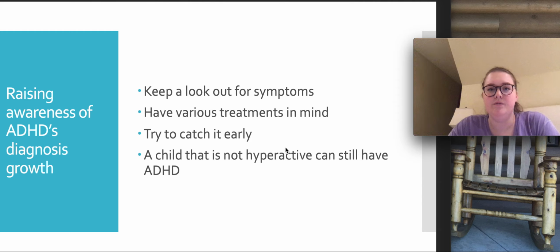So back to my problem from the beginning, the growth in ADHD diagnosis. We need to be raising awareness of this. Keep a lookout for symptoms in your own children, your own students, your brothers and sisters, people that you're sort of looking after. Have various treatments in mind, and whether that is medication or not.